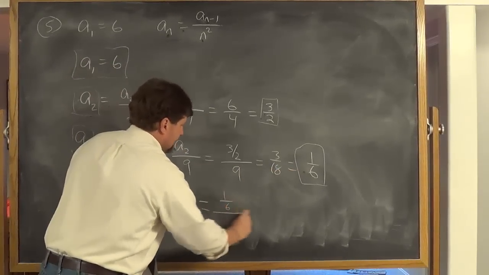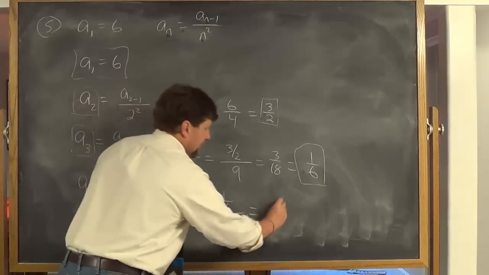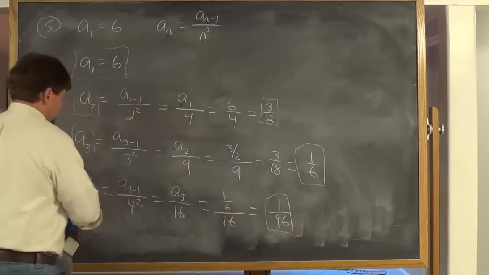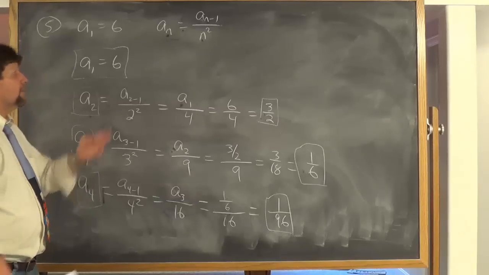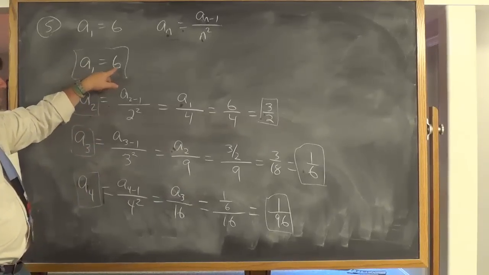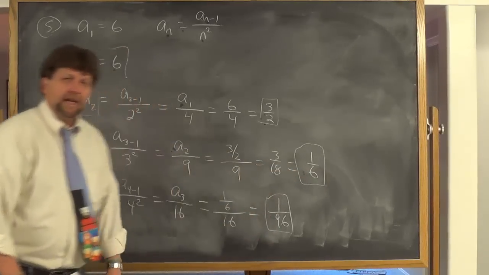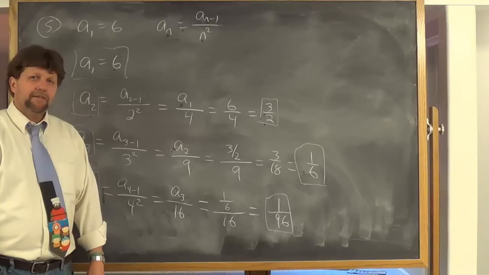So we have 1/6 over 16. And 1/6 divided by 16 is 1/96. So a sub 4 is 1/96. So the first 4 terms of this sequence are 6, 3/2, 1/6, and 1/96. And that's all there is to number 5.